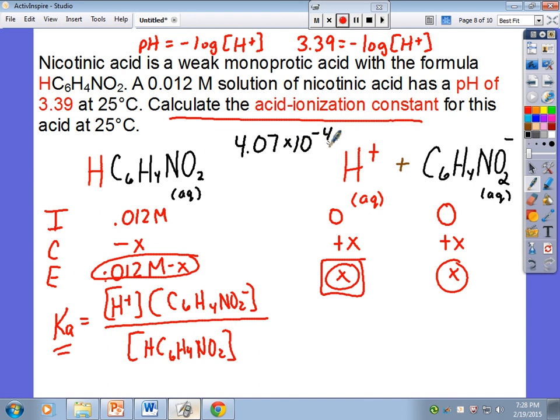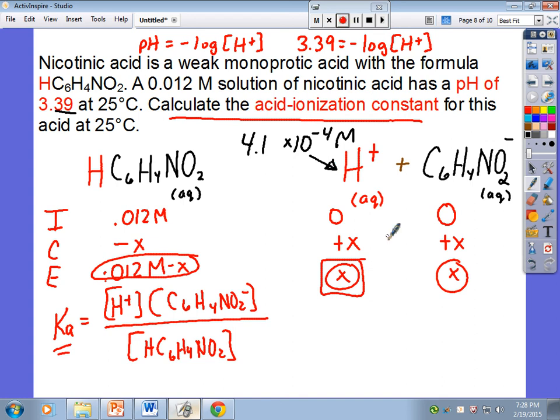Now how many significant figures do I have here? 2. So that means I need to take this 4.07 and round it to 2. So that 4.07 becomes 4.1, and that's the molarity of my hydrogen ion concentration.